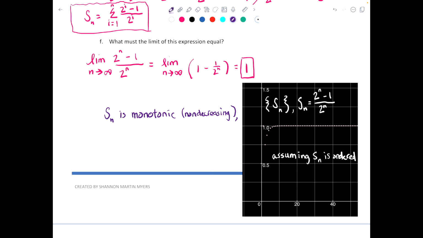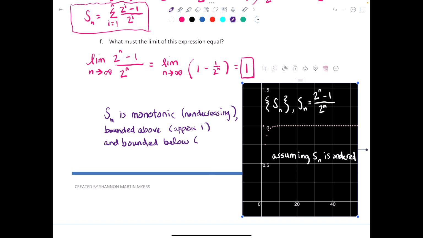Now, bounded above at approximately 1, and bounded below at, the first one is what, 1/2, I think, right? At 1/2.